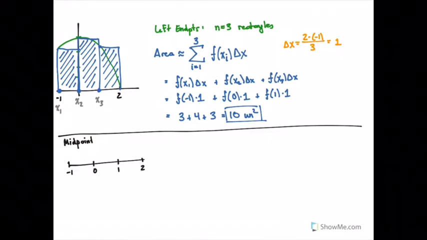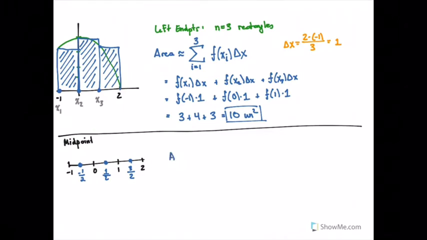And if I'm going to break that up into 3 different rectangles, I'm going to have a base of 1 in each one. And if I want to determine the midpoint of each of those, I just need to find the midpoint of each of those 3 subintervals. In that case, that's going to be -1/2, 1/2, and 3/2.